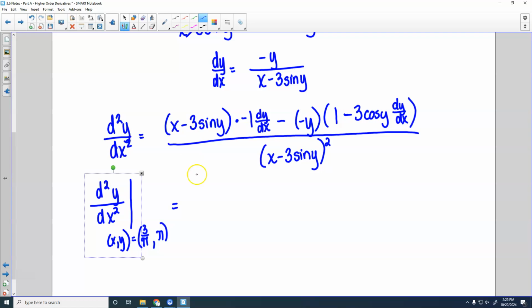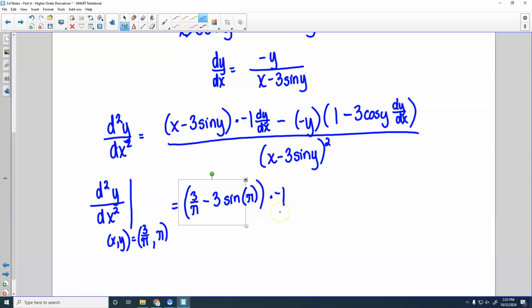So for my x, I've got 3 over pi minus 3 sine of pi times negative 1.